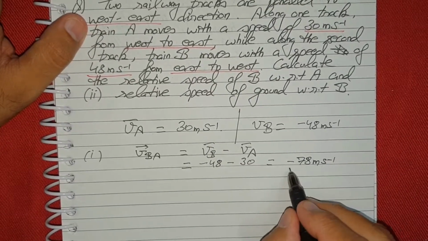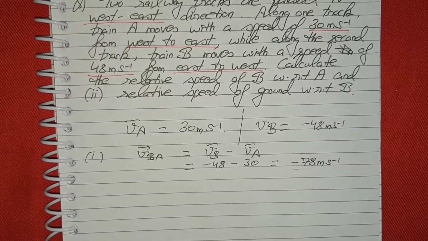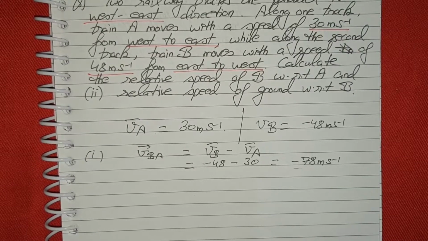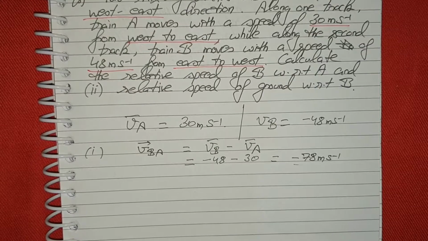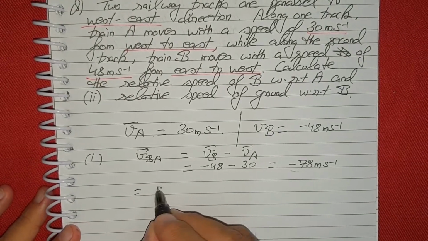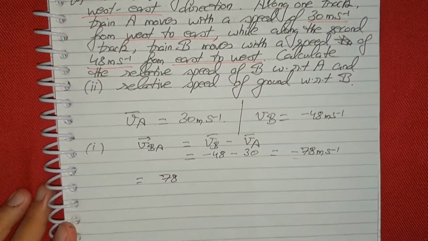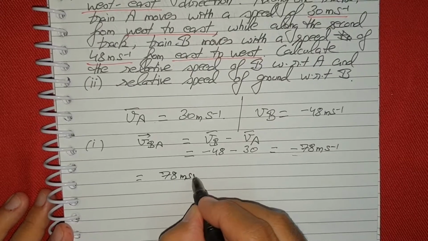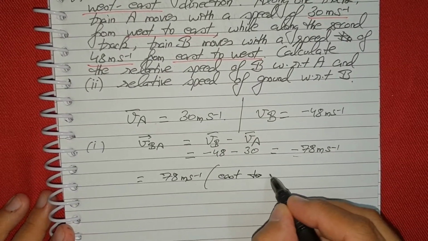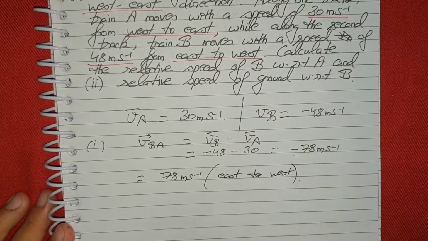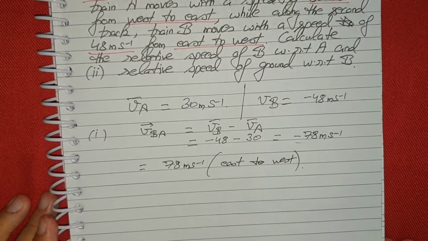Now, what does this minus represent? Minus 78 meter per second means from east to west. So the velocity of B with respect to A is 78 meter per second from east to west. The minus sign gives you the direction.